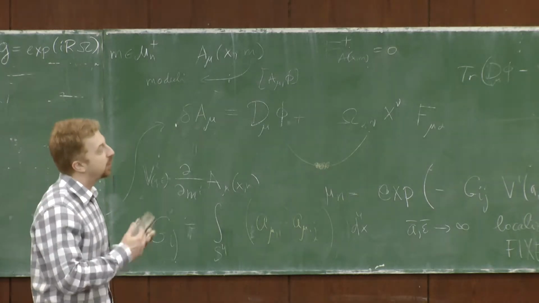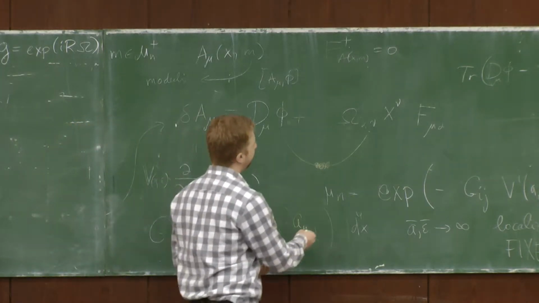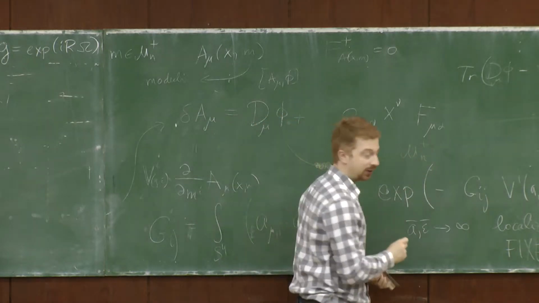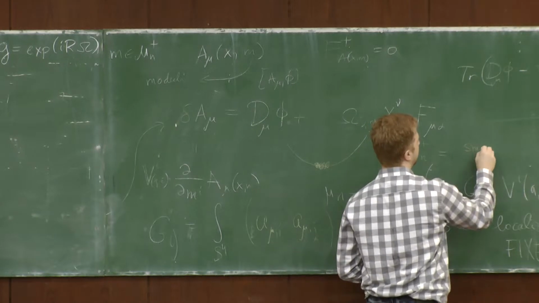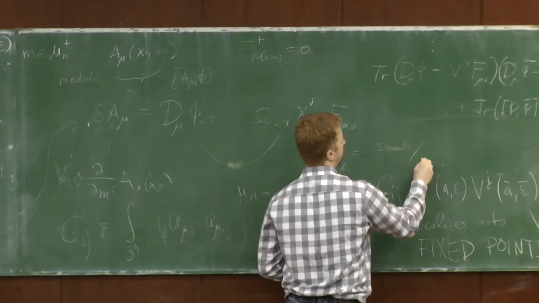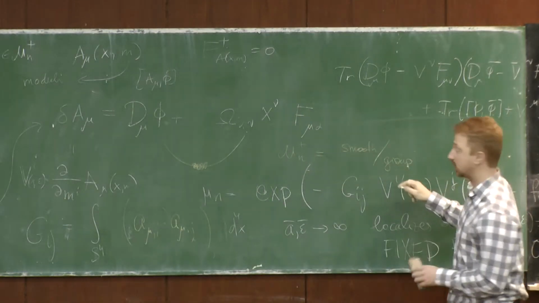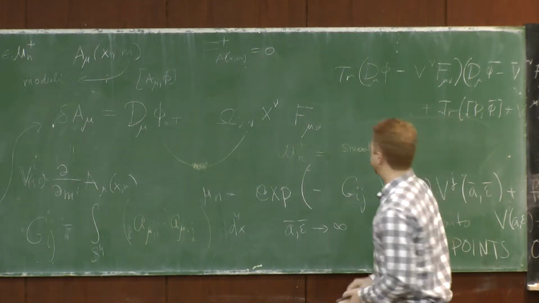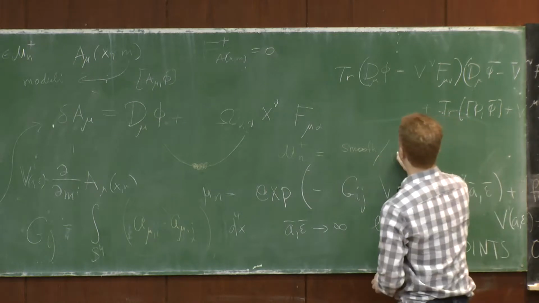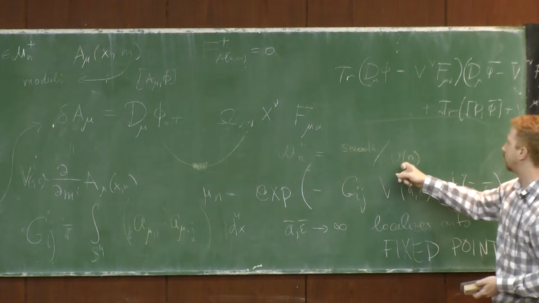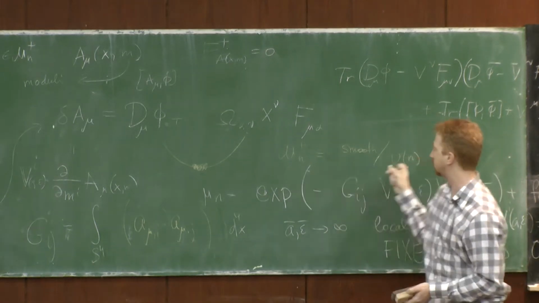Well, you use the fact that this moduli space of instantons is sometimes a quotient of something smooth by the action of a group. This group has nothing to do with the original gauge group. For example, for the U(N) instantons, it's the quotient by U(k), where k is the instanton number.